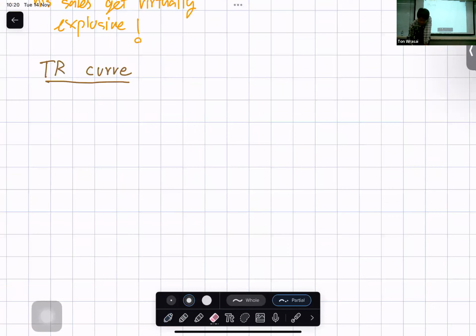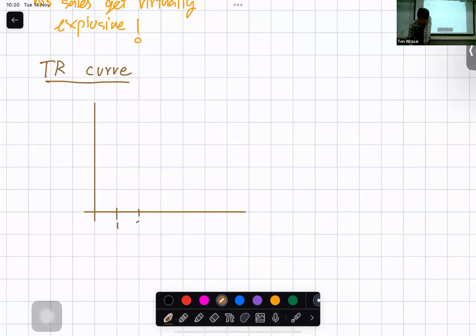It's super easy to see this curve. 1, 2, 3, 4, 5, 6 is Q, and this is total revenue.